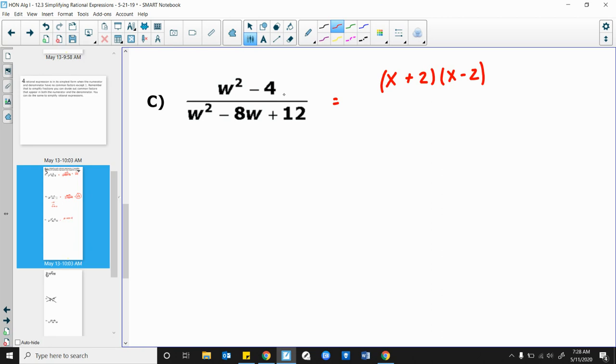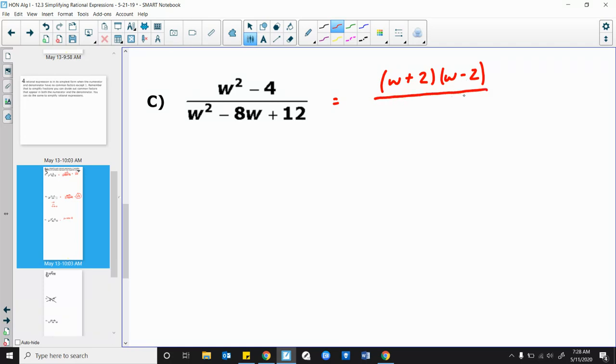If it's a difference of squares, we take 2 and 2, the square root of 4, and then we do 1 positive, 1 negative. I'm sorry I keep doing x. I'm just so trained to deal with x, I guess. But this is w.